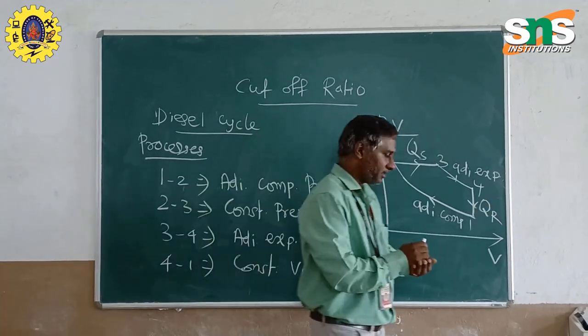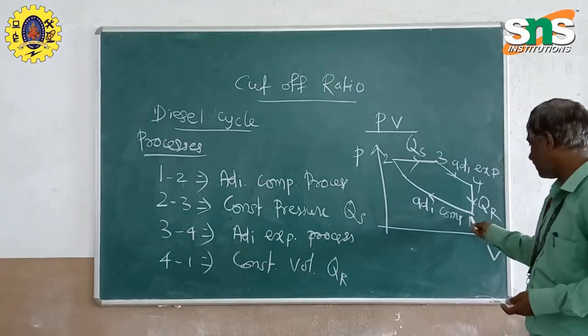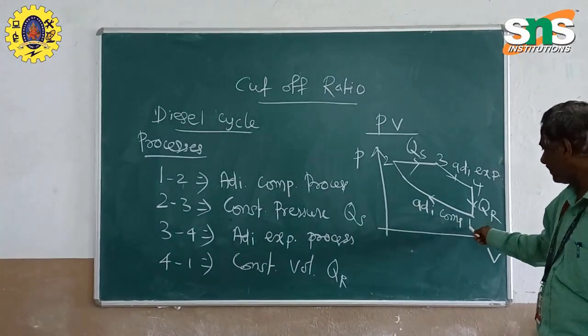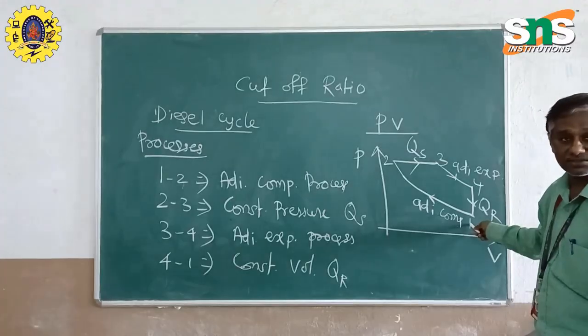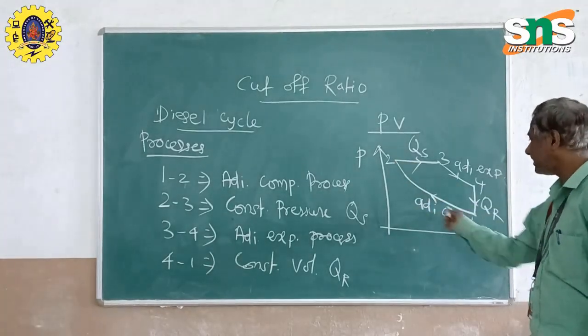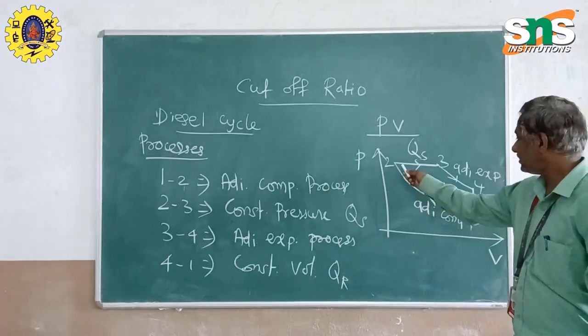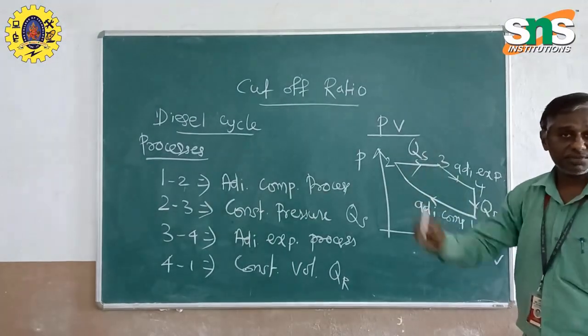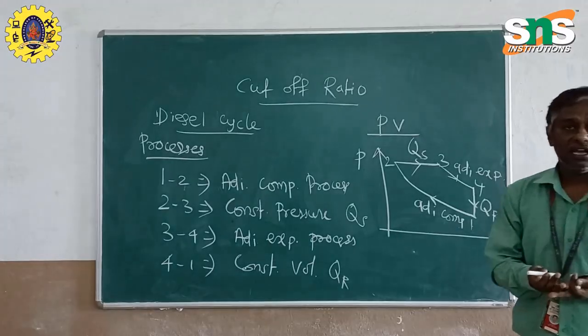Once again, I will explain. 1 to 2 is an adiabatic compression process in which the pressure keeps increasing as the volume gets decreased. Then 2 to 3 is a constant pressure heat addition process where the heat is applied.